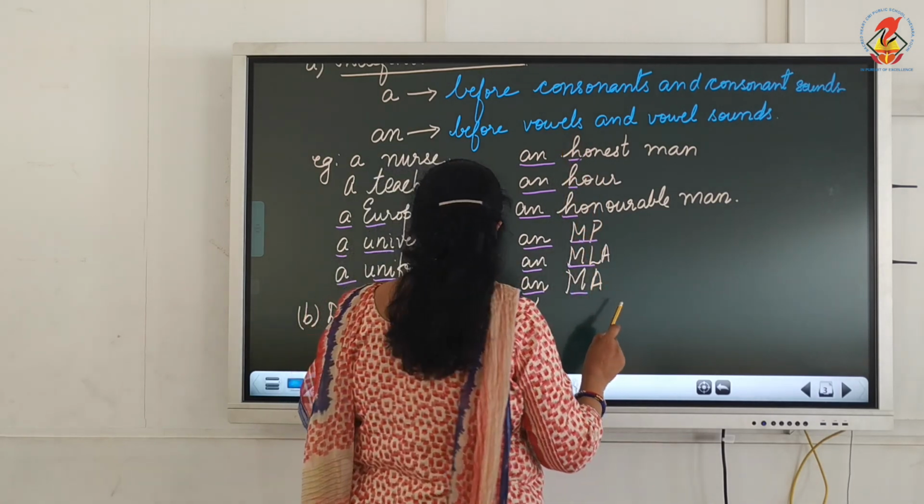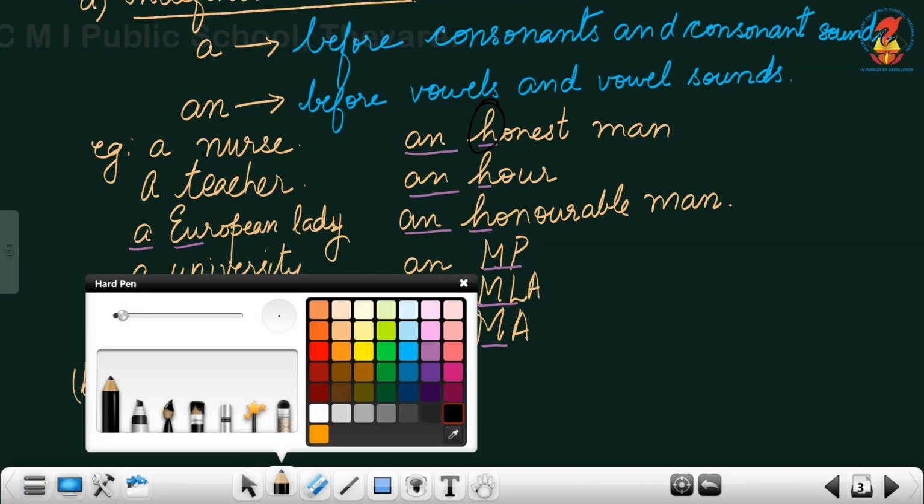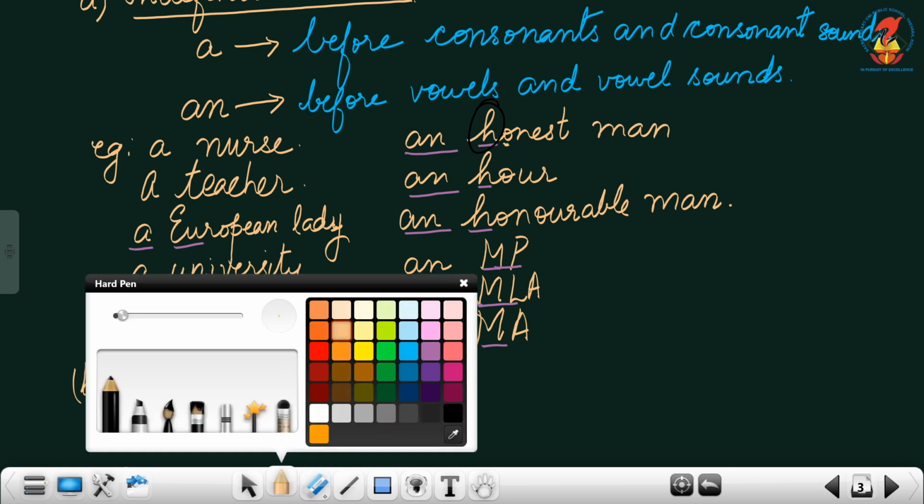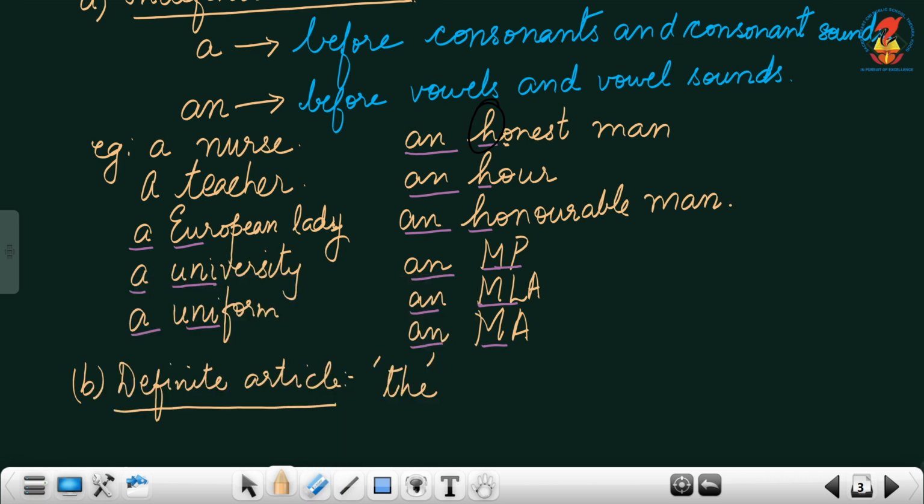So H is silent, and when you speak the word, it automatically starts with the O sound, isn't it? An honest man. The same thing goes for the next one, an hour. You don't say "har", do you?